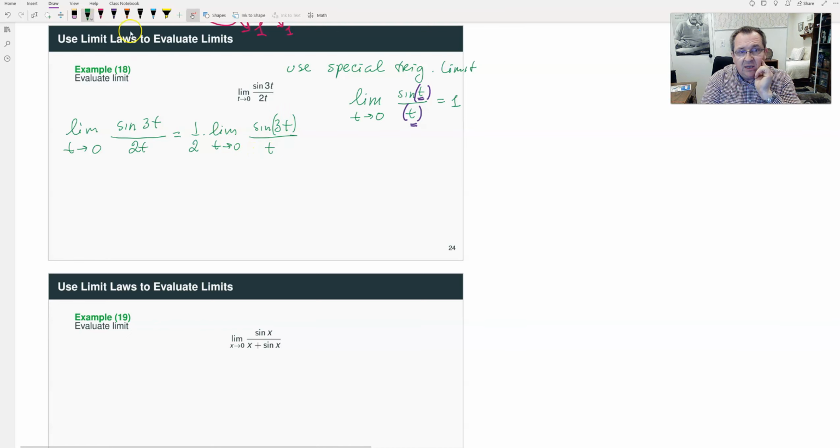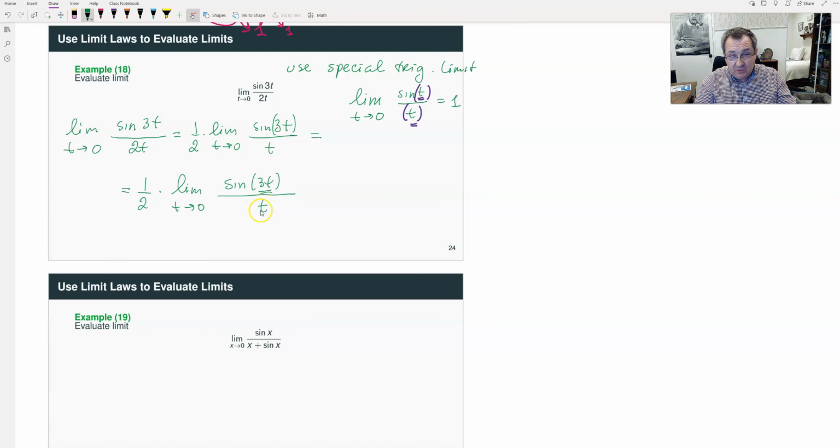So, what can we do? Well, we can do some manipulations to make it the same. Let's give it a try. Let me copy the limit as t goes to 0, and the numerator, sine of 3t. I currently have t in the denominator, and I would like to match it to this 3t.